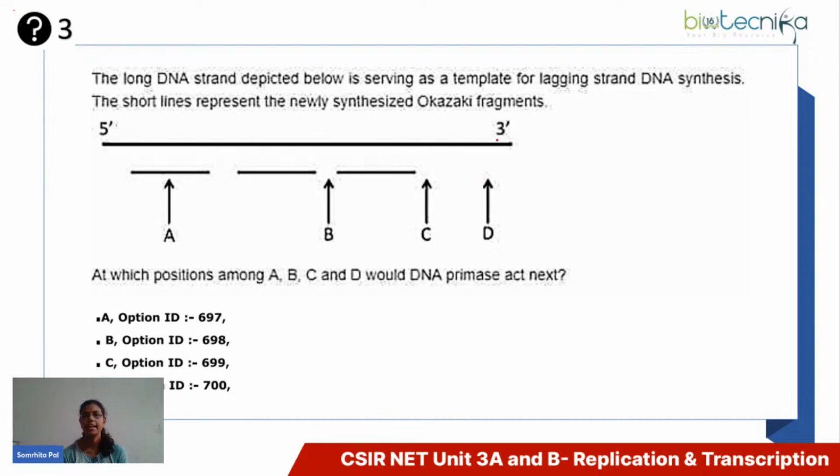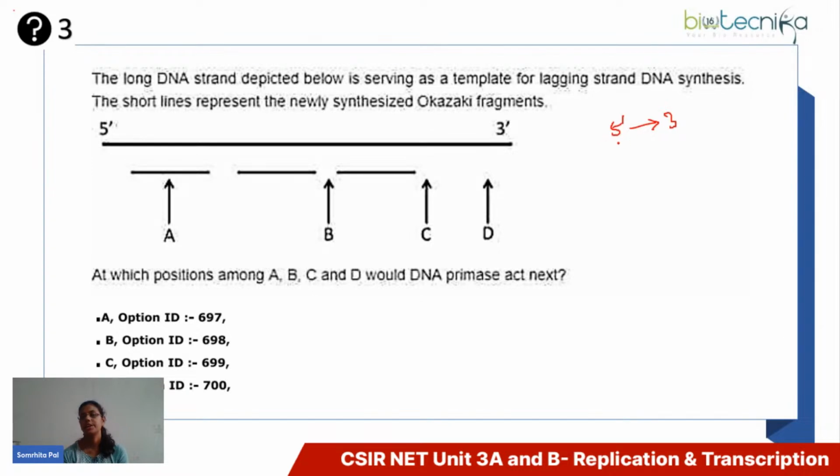So, this is your lagging strand, right? Look at the polarity, that will help you to analyze. So it is 5 to 3 prime, and both replication and transcription always happen from 5 prime to 3 prime.